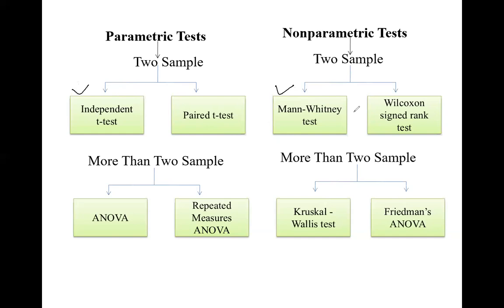So what is the purpose of the Mann-Whitney U test? We compare two groups. But here we will not compare the two means. Here we will compare the two mean ranks, because in a non-parametric test the data is in ordinal form. Even if my data is metric but not normal and not homogeneous, then SPSS automatically converts my metric data into ordinal form and gives the rank of the data.